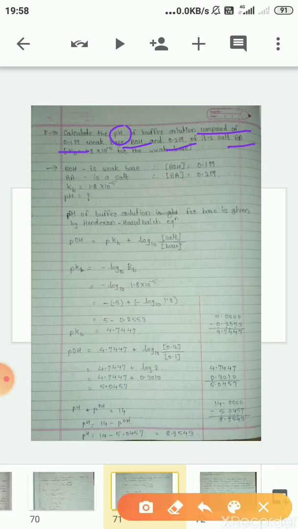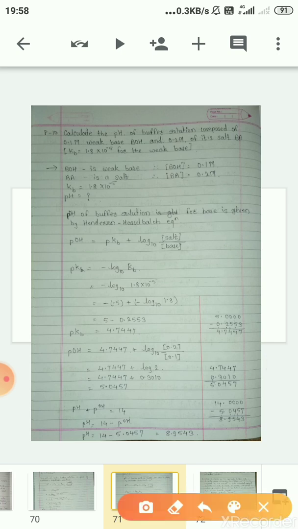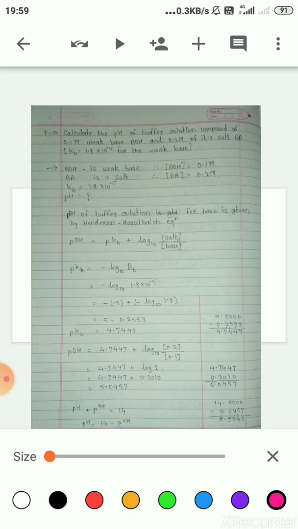And the value of Kb is 1.8 into 10 to power minus 5 for the weak base. So first write down here BOH is base, BA is a salt. As we have been given a base, therefore it is a basic buffer solution.